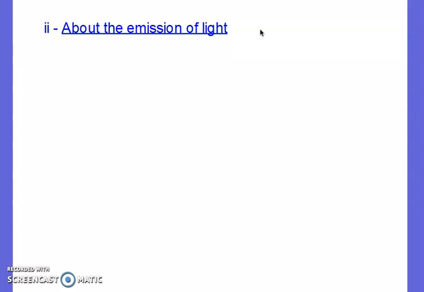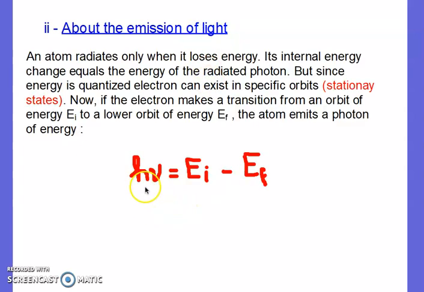That is, when the electron changes its position from a higher orbit to a lower orbit. And the energy of the emitted photon was h nu equal initial energy level of the atom minus final energy level of the atom.